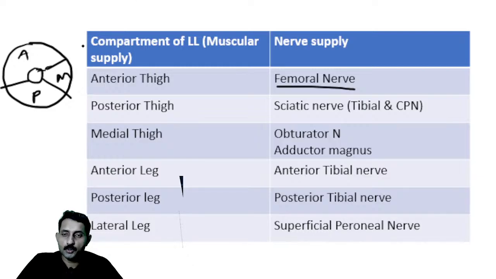In the arm I told you only two compartments, anterior and posterior. But in the thigh, this is a cut section of the thigh region, and we have anterior, posterior and medial compartments.